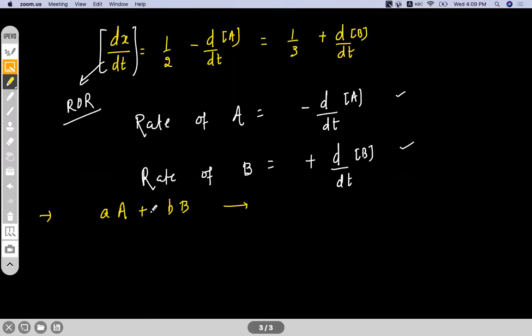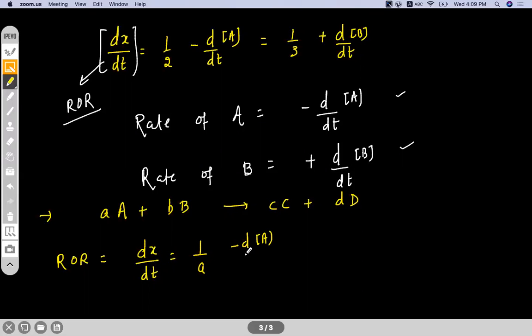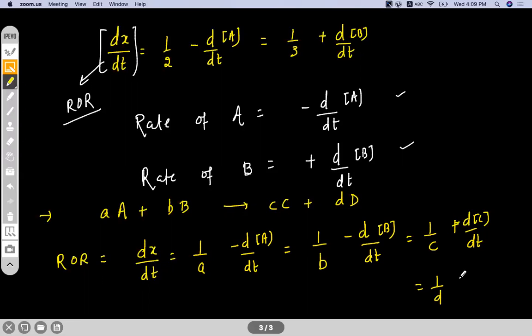Then the general expression for the rate of reaction, dx by dt, is equal to 1 by a times minus d concentration of A by dt, equals 1 by b times minus d concentration of B by dt, equals 1 by c times plus d concentration of C by dt, equals 1 by d times plus d concentration of D by dt.